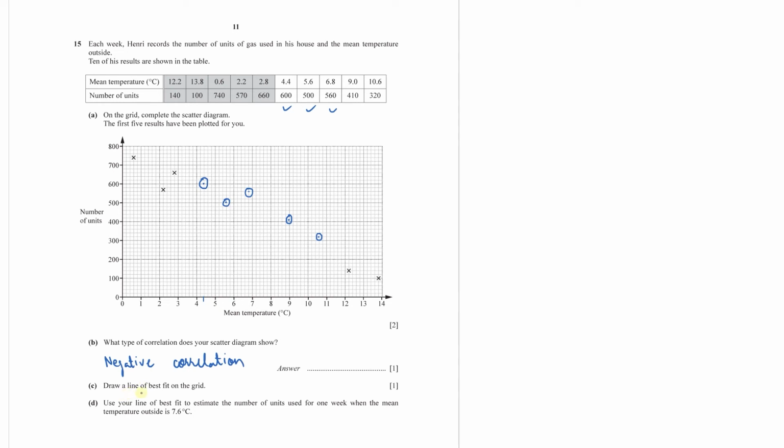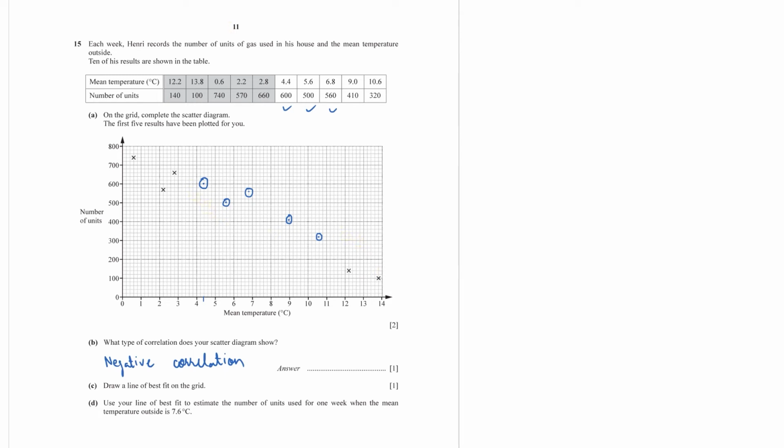Part C is draw a line of best fit on the grid. So to draw the line of best fit, what I can do is I can look at these points, and if I join this second point with this last one, basically what I want is to have the same number of points above and the same number of points below the line.